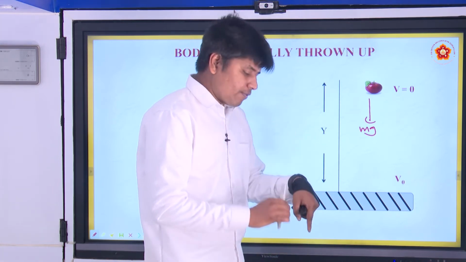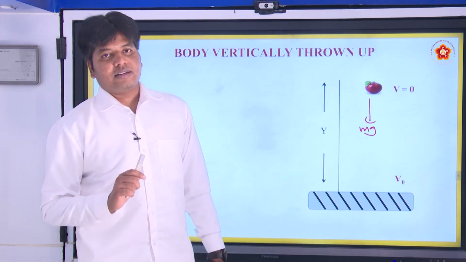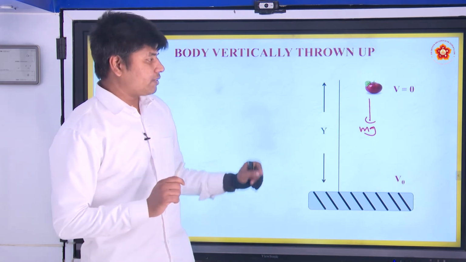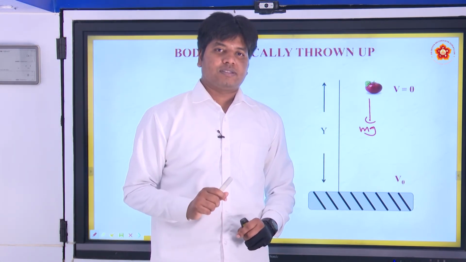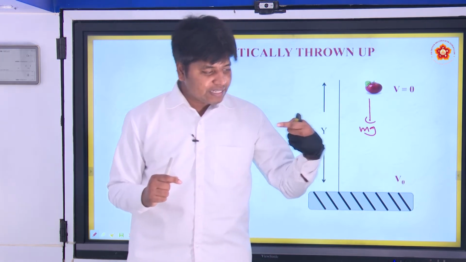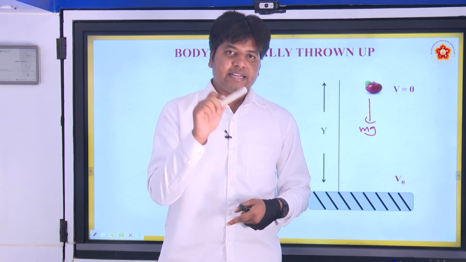In the 7th session, when we discussed acceleration, we came across this: when the acceleration is in one direction and the velocity is in the other direction, the speed decreases.